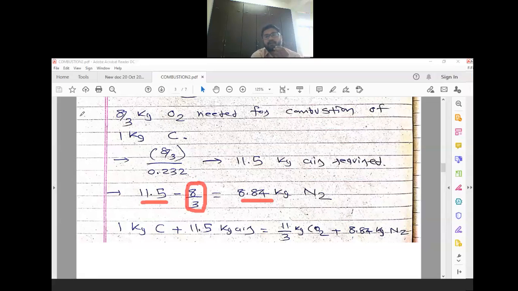And finally we need to write down the formula, and it will be like this: 1 kg carbon requires 11.5 kg air, and the output will be 11 by 3 kg CO2 and 8.84 kg nitrogen. Clear? So I hope you have understood this properly.